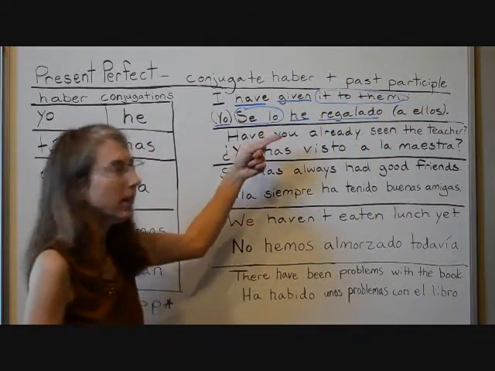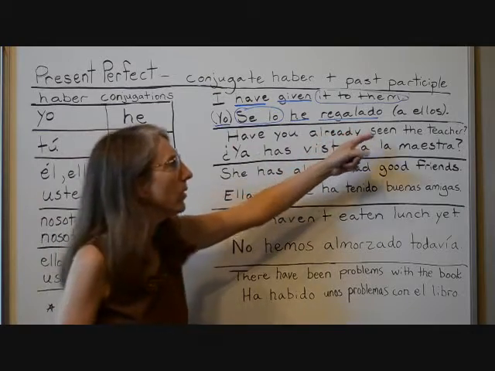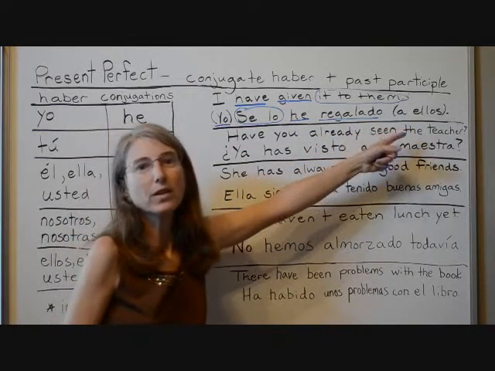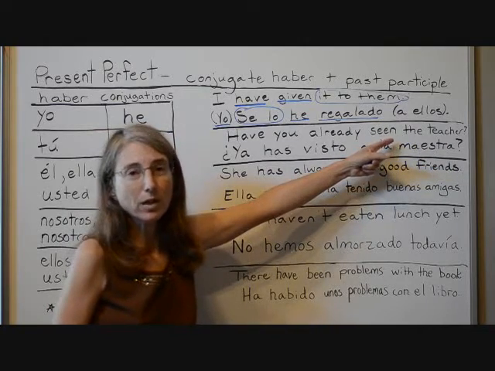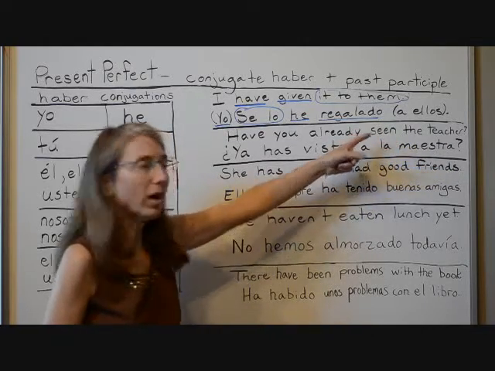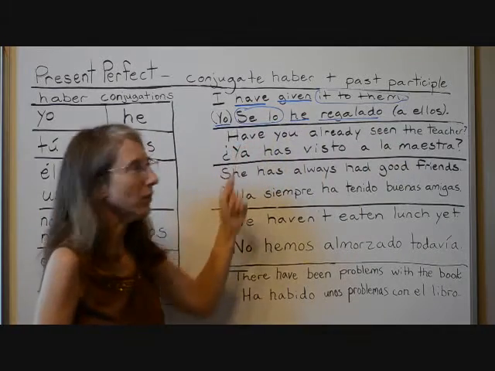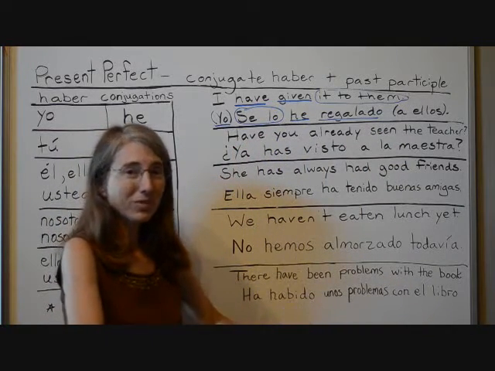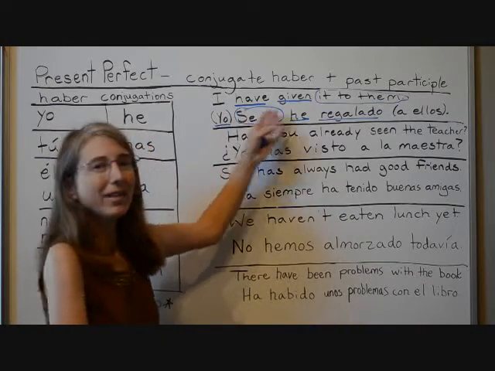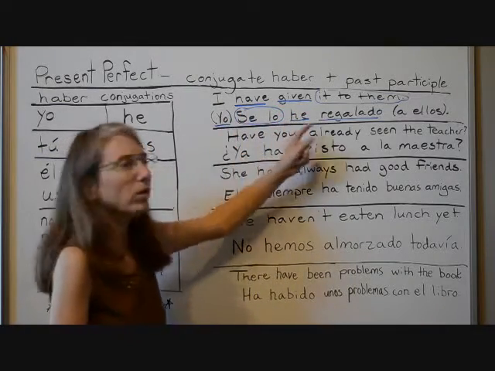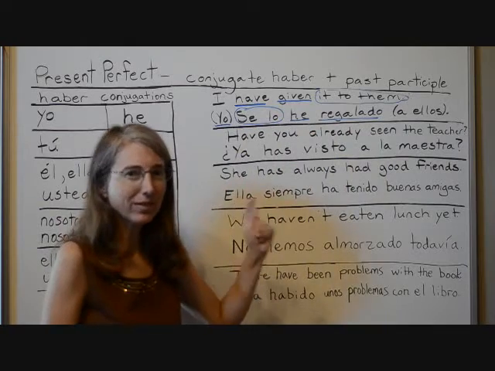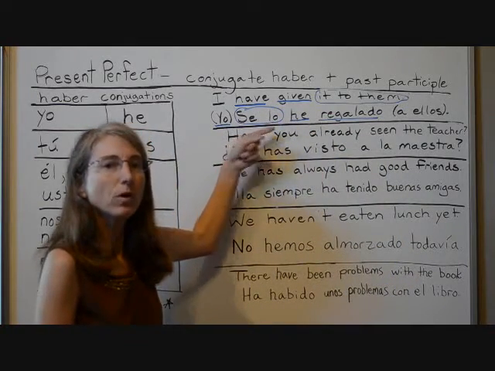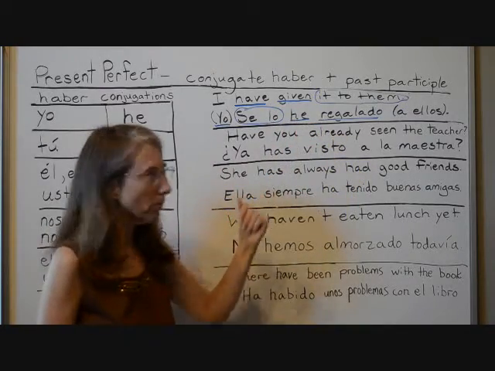Yo se lo he regalado, and then optionally a ellos. You know, in Spanish we can still put the indirect or direct objects after the verb phrase optionally, even though we have the pronouns before. So the present perfect of I have given is yo he regalado. If we have indirect object pronouns in Spanish, they go before haber.